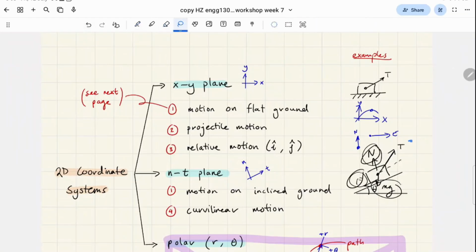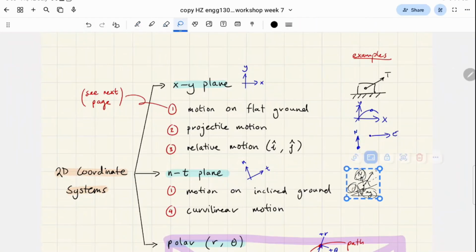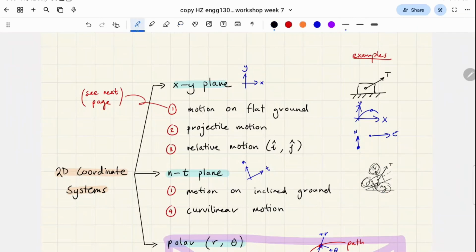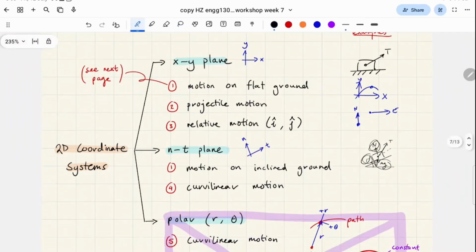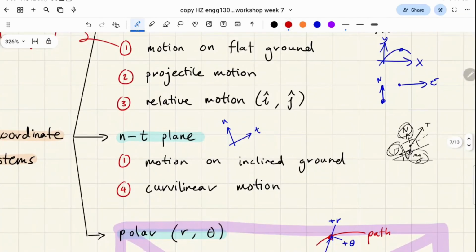Sorry, that was a mess. And curvilinear motion. Let's see if I have a drawing for it. So you're tracking a particle's motion, right? You're going to have acceleration in the tangential direction, tangential to the circle, and normal to the circle will be our centripetal acceleration, right?